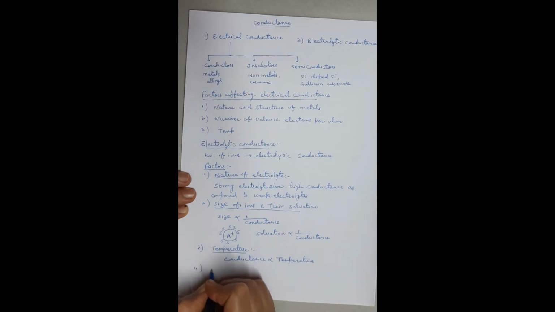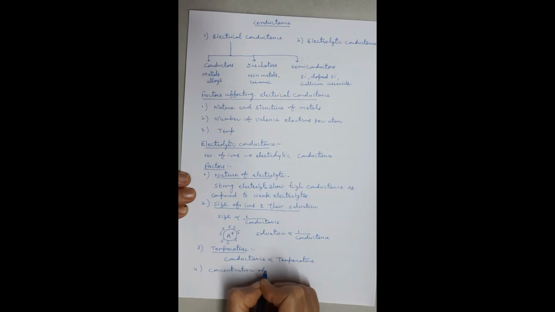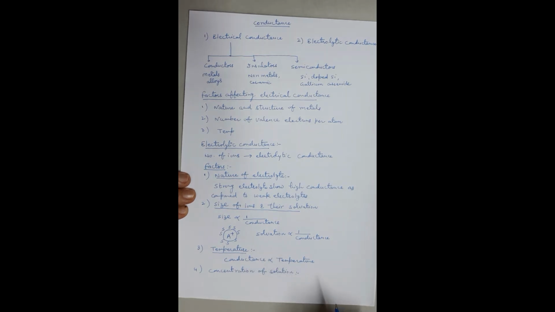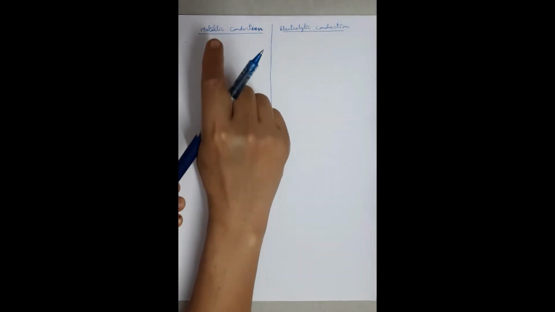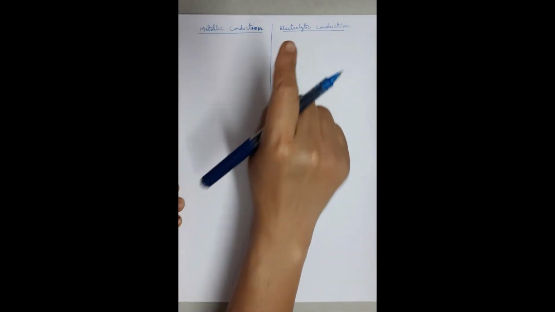Beta, the fourth factor is concentration of solution. Concentration also plays an important role, but this we'll discuss in detail maybe in the next episode of the chapter. Children, we have just discussed metallic as well as electrolytic conduction.